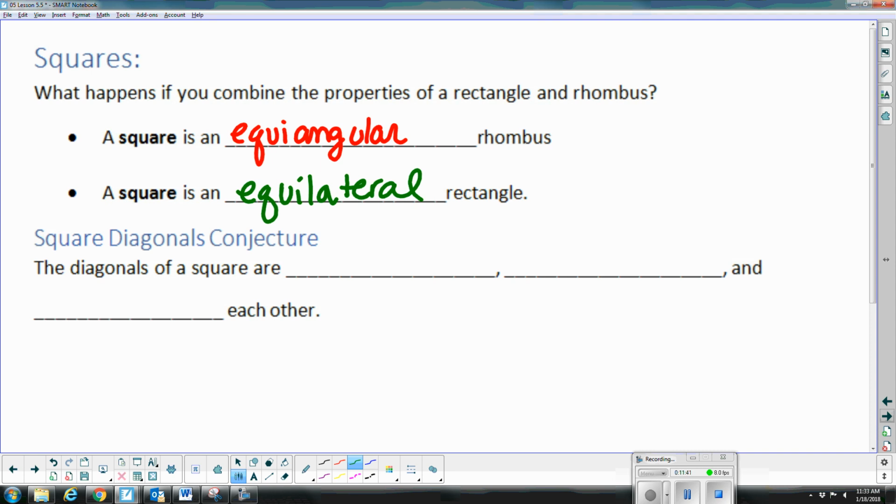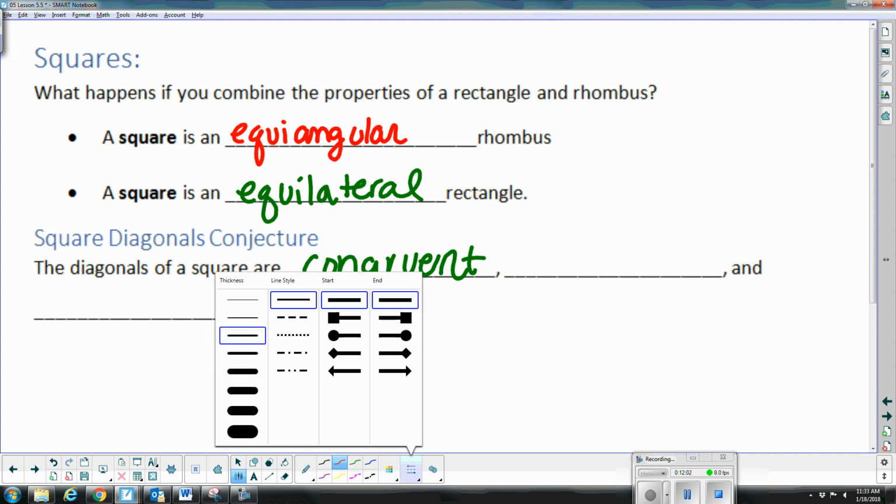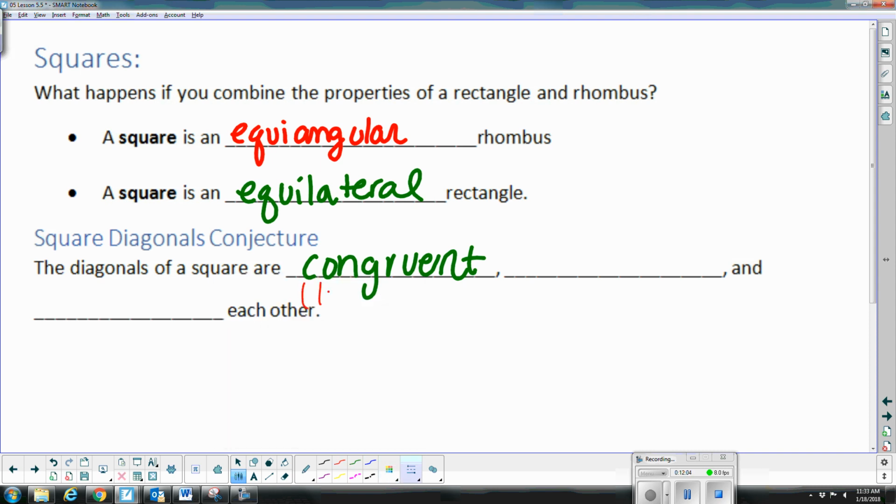So if we look at the properties of the diagonals between a rhombus and a rectangle, for a square, since it holds both of those characteristics, the diagonals of a square are congruent, like in a rectangle. So I'll just write this as a side note. They're congruent like in a rectangle.